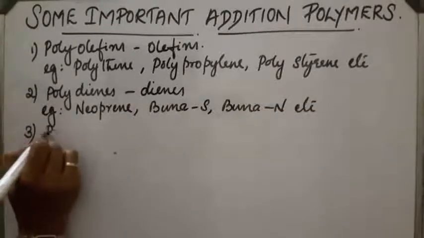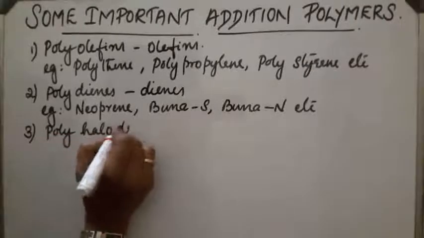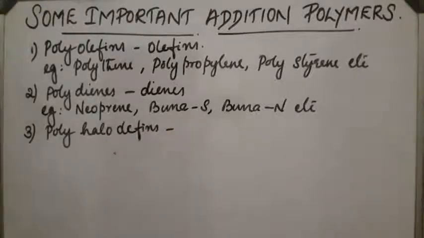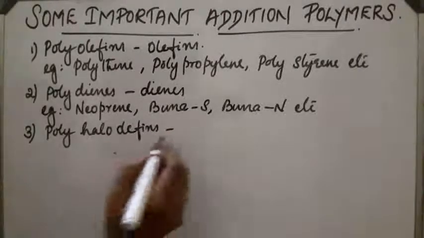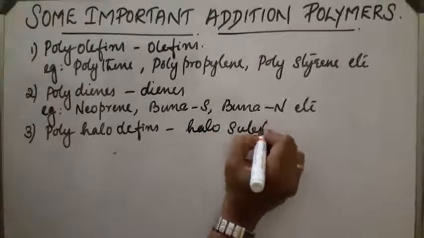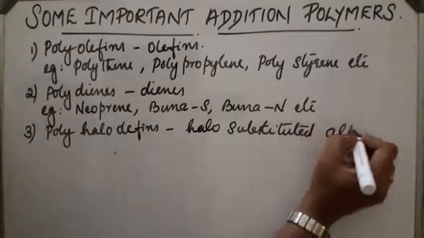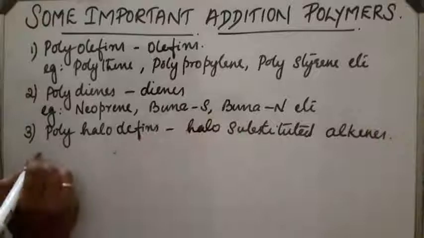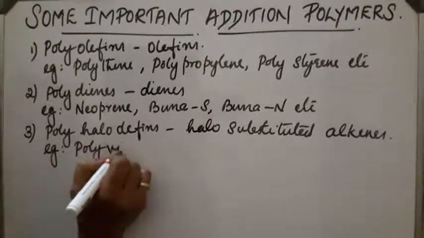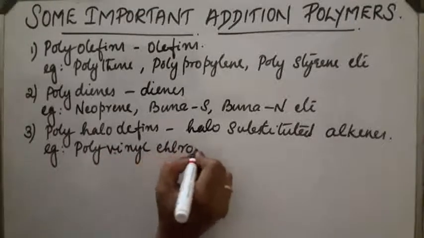Third category is polyhaloolefins. These are polymers derived from halo-substituted alkenes. Example, polyvinyl chloride or PVC.